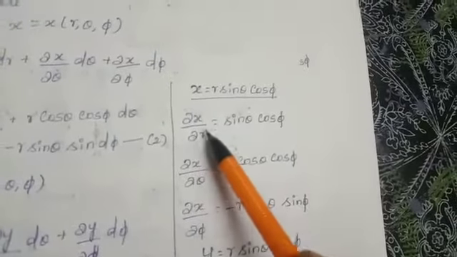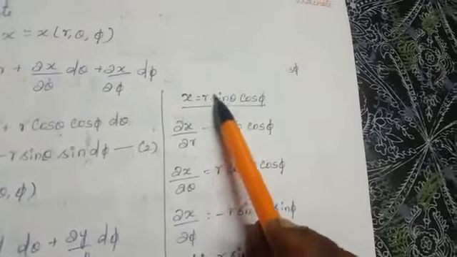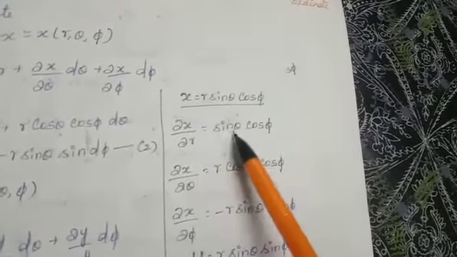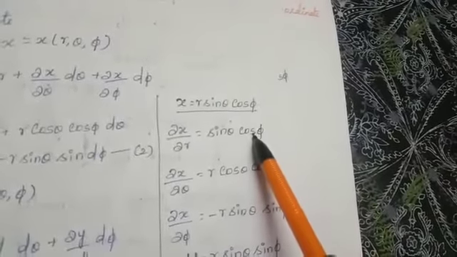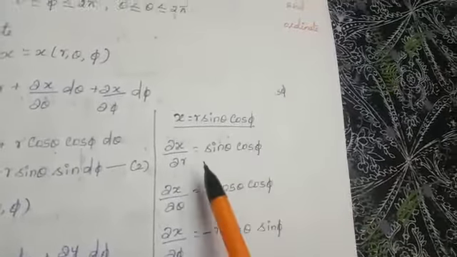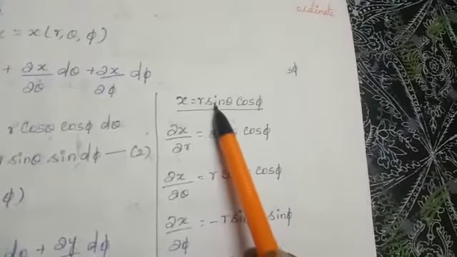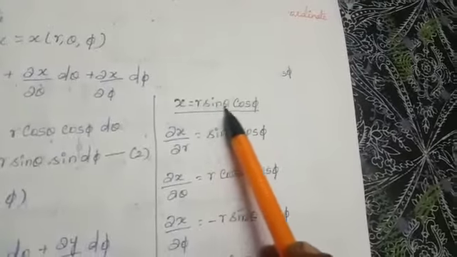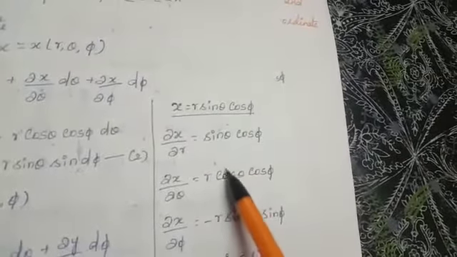So if you differentiate with respect to r, the value is 1, since sin theta and cos pi are constant, so dou x by dou r equals sin theta cos pi. Then dou x by dou theta: we have to differentiate only sin theta, and r cos pi is constant.